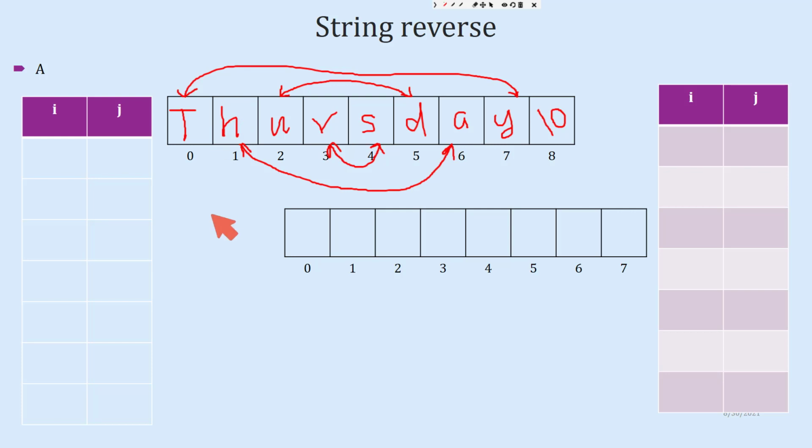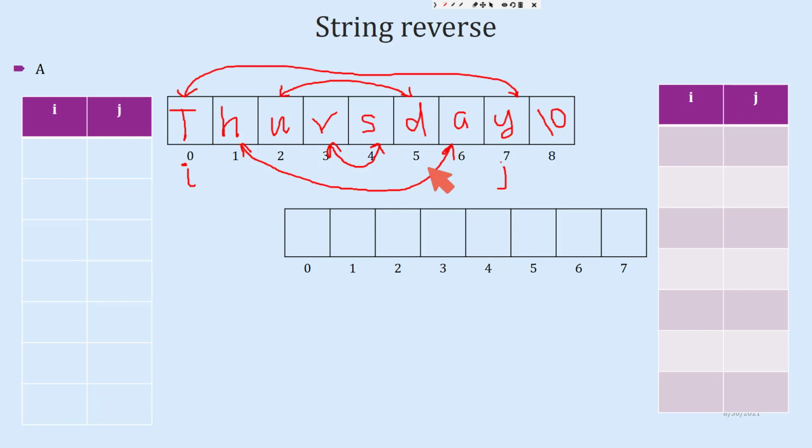So listen carefully. I am using two variables. Initially, I will be 0 and J will be 7. One more thing, what is the length of the string?